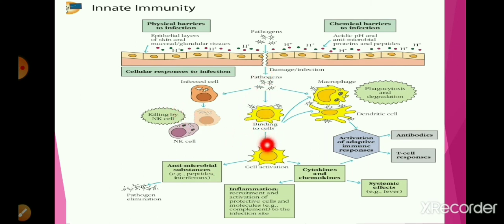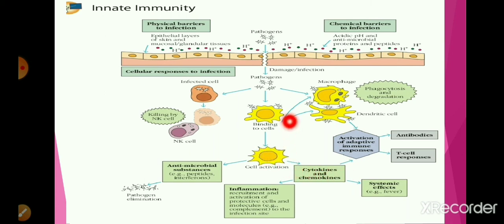In other ways, the cell activates antimicrobial substances such as peptides and interferon. These antimicrobial substances start to eliminate the pathogen, or activate cytokines and chemokines. Cytokines and chemokines trigger symptoms against the microorganism by the formation of inflammation. These are the protective activations of the cell in innate immunity, or it starts systemic effects, for example fever.